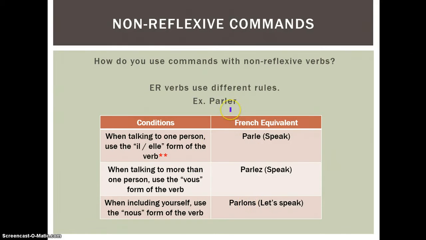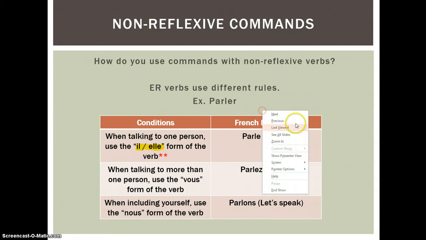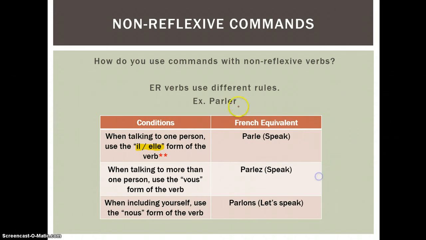ER verbs are different than your IR and your RE verbs. Instead of using the tu form when talking to one person, here we're going to use the il/elle form. I know it doesn't make much sense, but let's just go with it. So you're going to drop your ER. You're left with this as your stem.